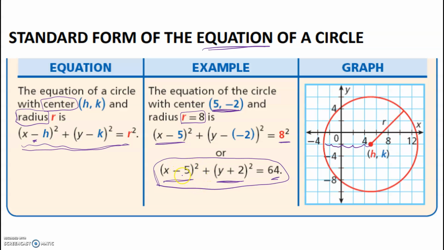So this looks like a -5, but we plugged in a positive 5. Plus 2, plugged in a -2. You should be able to pull out your center point and your radius. Remember, you just take the square root. We said r squared, and the opposite of squaring is square rooting. So the square root of 64 is 8. My radius is 8. So you've got to be able to work forwards and backwards, either plugging into or taking out of the equation.